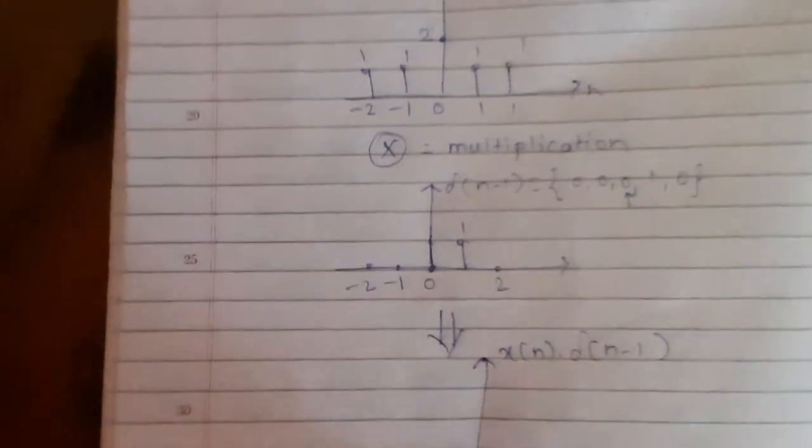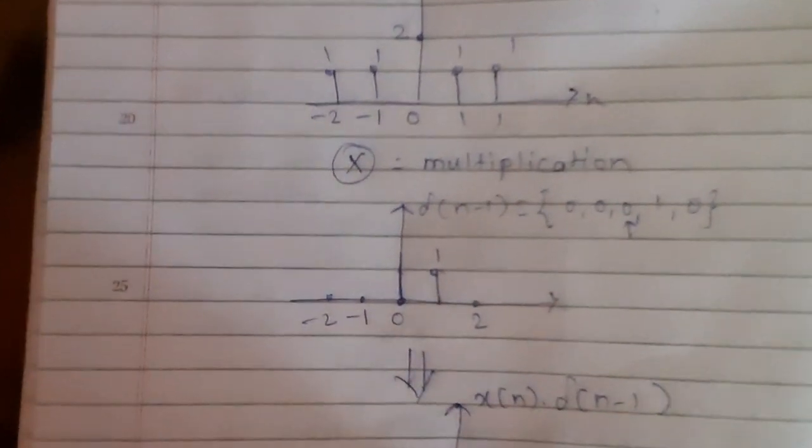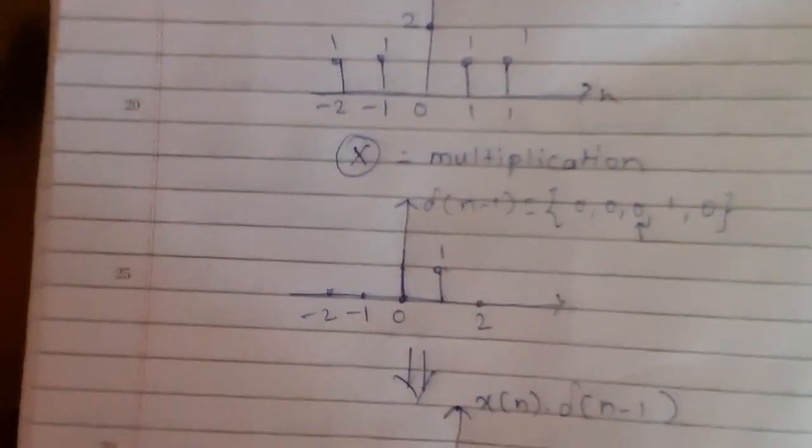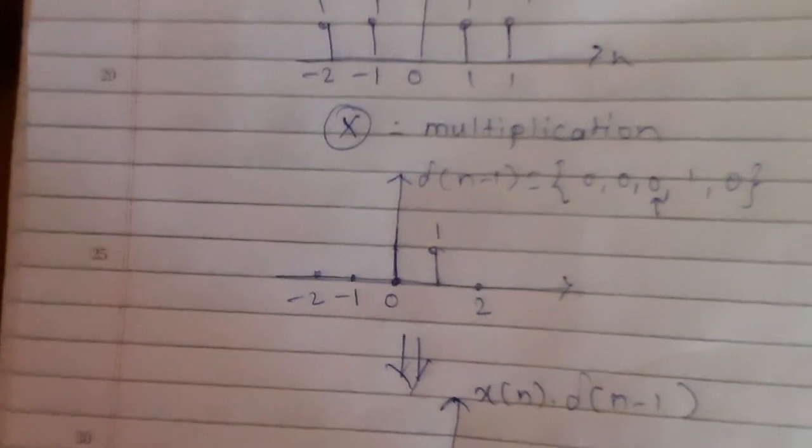Here 0 multiplied by 2 is 0. 1 multiplied by 1 is 1. 2 multiplied by 1 is... Here we are getting the resultant sample.